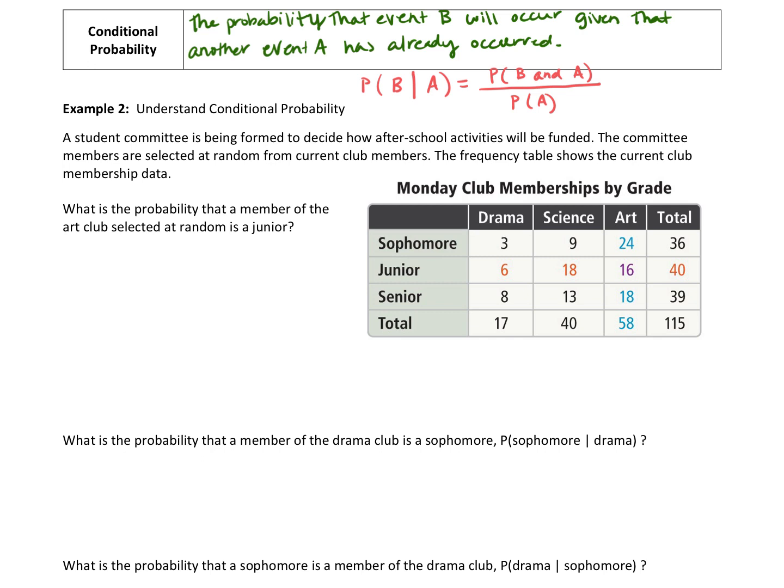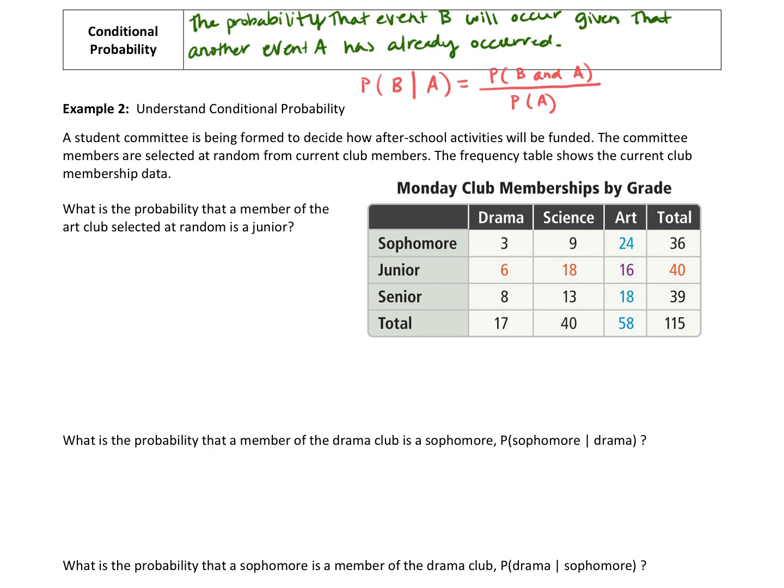We can see that there are a total of 115 students in clubs. We can see how many total sophomores, juniors, seniors there are, how many total members are in drama, science, and art. All right, so our first question, what is the probability that a member of the art club selected at random is a junior?